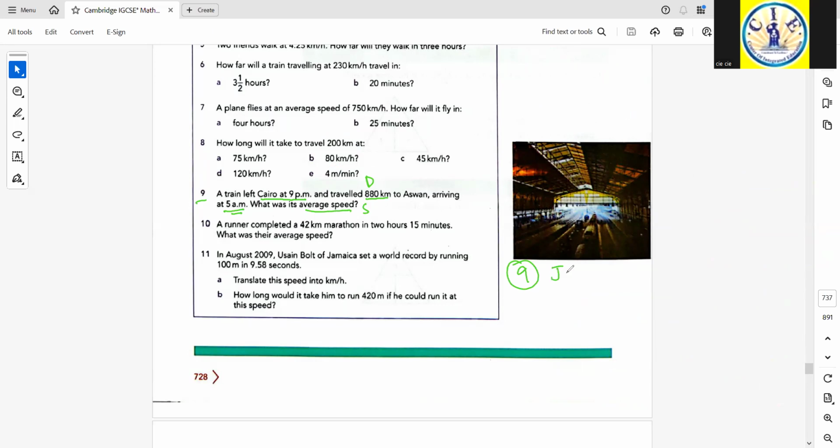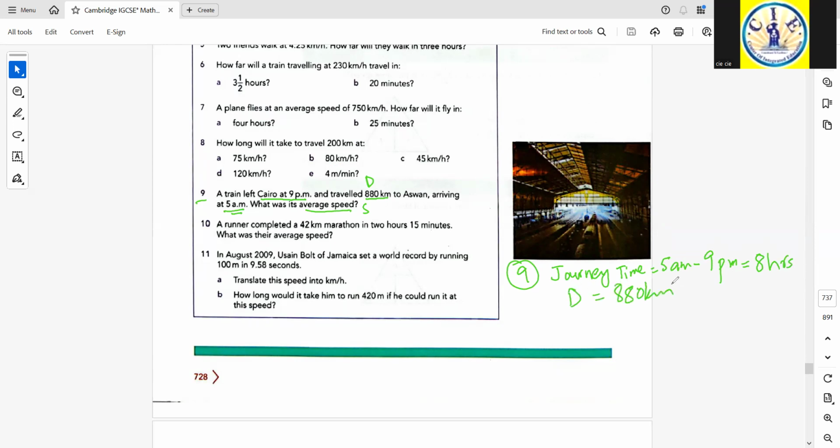Here the total time taken for the journey is 5 a.m. minus 9 p.m. the previous day. So that is 8 hours actually.